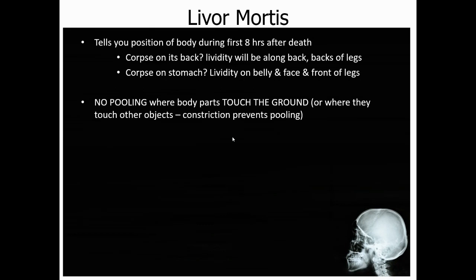Now, where your body is pressing against the ground, there will be no lividity because that pressure kind of squeezes the tissues and the blood can't really pool there. That's not something you have to worry about too much. Lividity can also show you if the corpse has been moved between the 2-hour mark and the 8-hour mark.